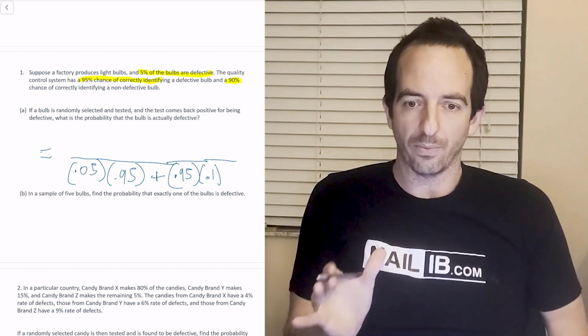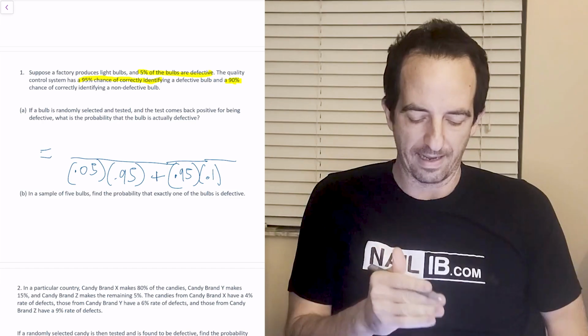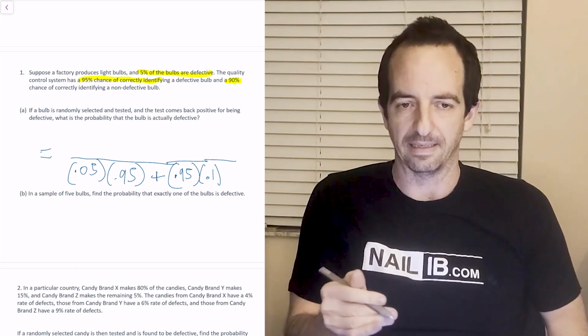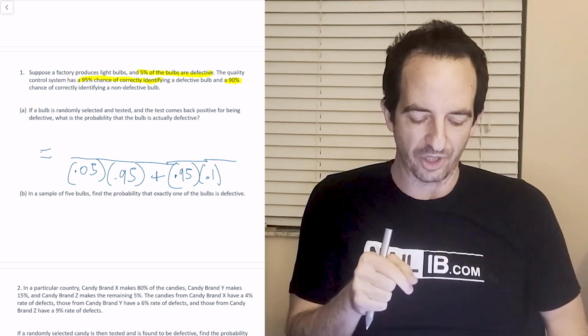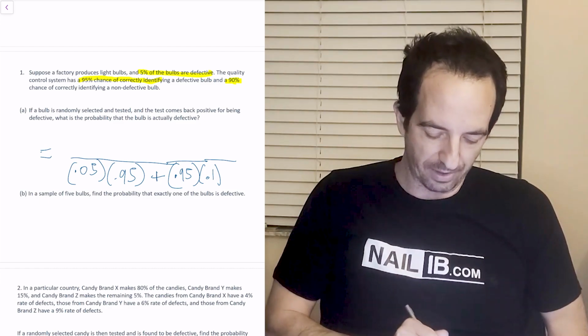So that's all the ways that we can have. That's the total probability for the quality control randomly choosing a bulb and identifying it as defective. And we want to know, given that it falls within that probability, what is the chance that it actually was defective? So that's really only this part right here.